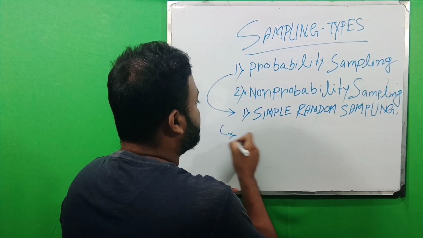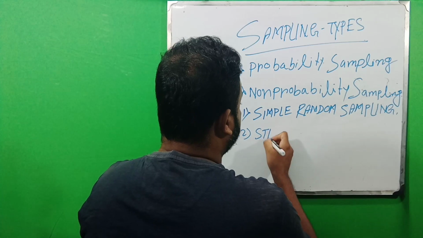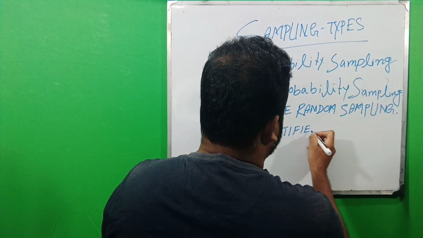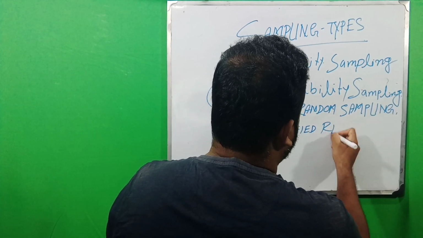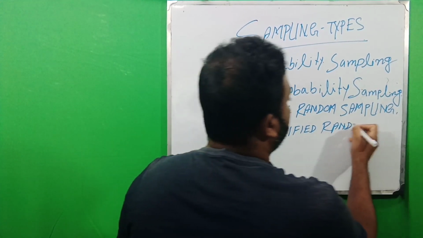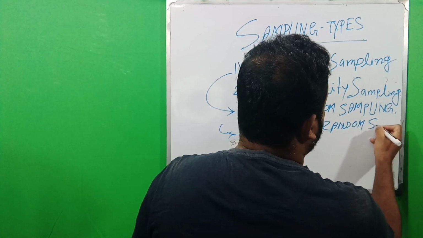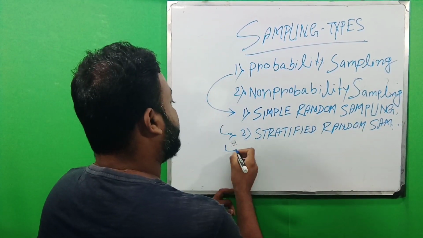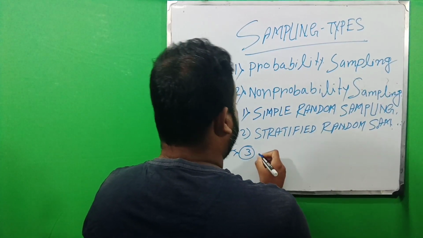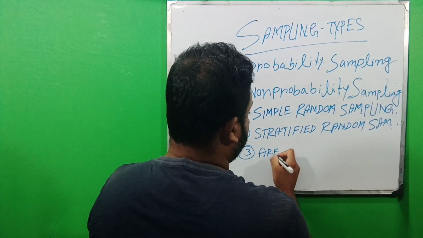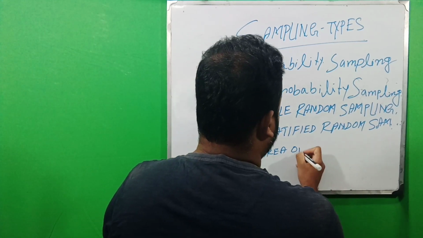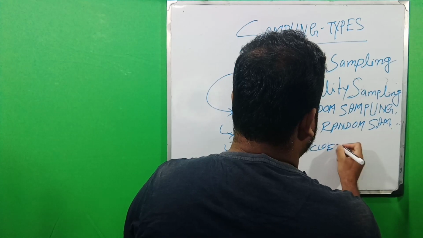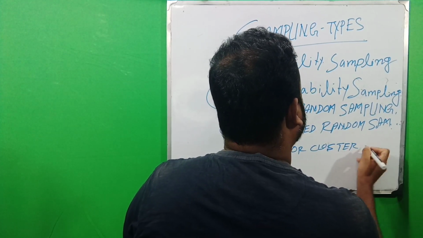Number two, stratified random sampling. Number three, area or cluster sampling.